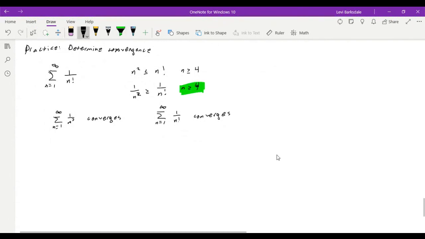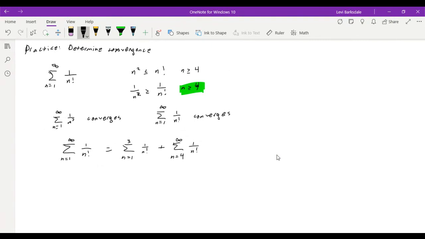It actually doesn't make a huge difference because we can rewrite the sum from n equals 1 to infinity of 1 over n factorial as the sum from n is equal to 1 to 3 of 1 over n factorial plus the sum from n equals 4 to infinity of 1 over n factorial.